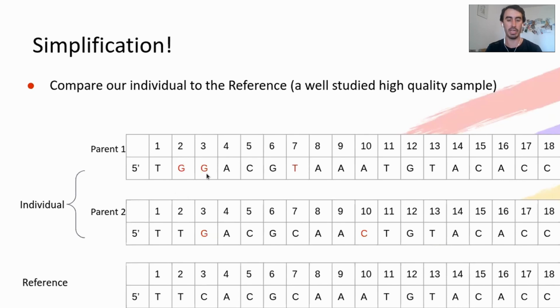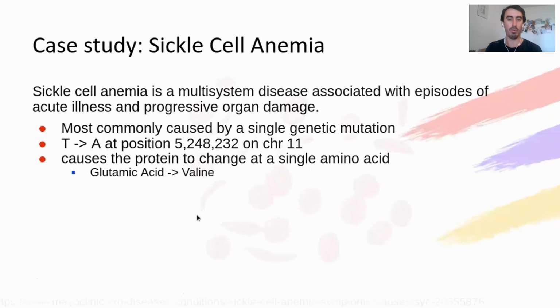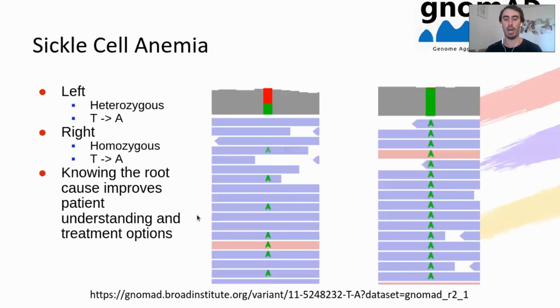And in position 3, we expect to see a C. And in fact, both our parents contributed a G at this position. So we don't see the reference at all. We see the homozygous G at this location. For disease, or for a more realistic example, we don't know offhand which reads are from which parent.